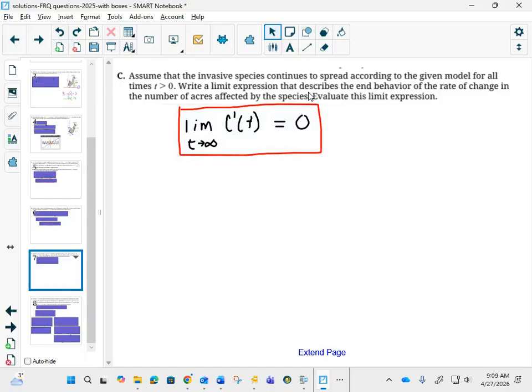So our limit's going to go to infinity, and we're going to want to find the limit as it goes to infinity of that rate of change, because it's the end behavior of the rate of change. So end behavior would be at infinity, and there's our rate of change.